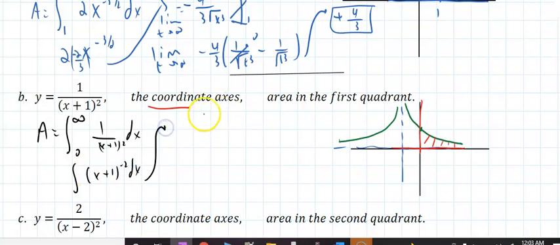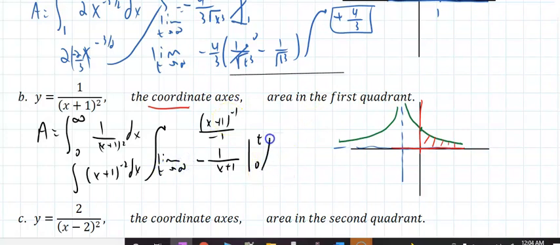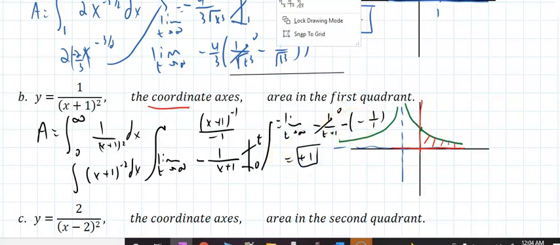Add 1 to the power. Divide by that. You could use a u sub, but it's the same thing. And now I'm going to say it's -1 over x plus 1, evaluated from 0 to t, taking the limit as t approaches infinity. And that would be the limit as t approaches infinity of -1 over t plus 1 minus -1 over 1. Well, this approaches 0. I'm left with negative times a negative, which is a positive 1, and there's my area.